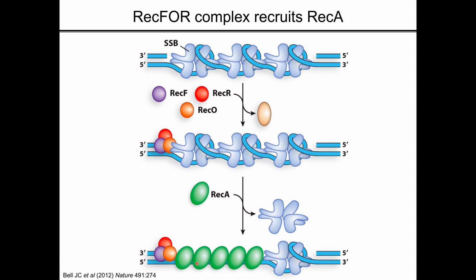And then the rapid polymerization of the RecA filament on the single-stranded DNA will be enough to displace the single-stranded binding protein. It was a really nice paper about 7 years ago now that describes this tiered nucleation process.